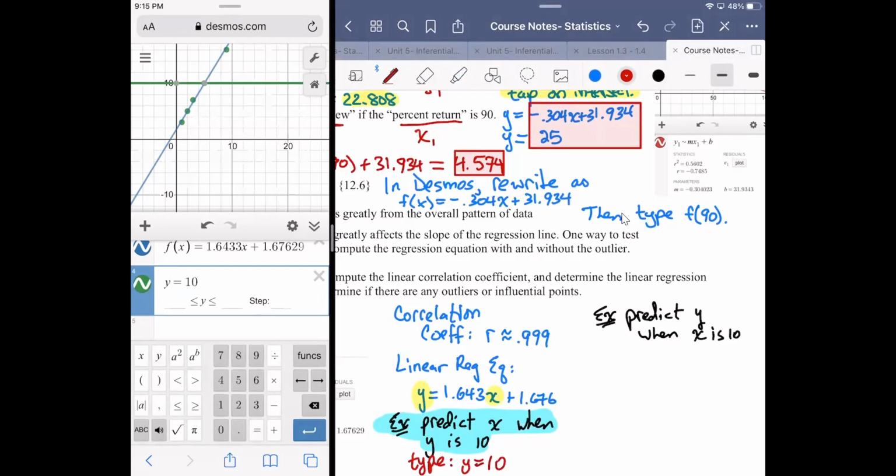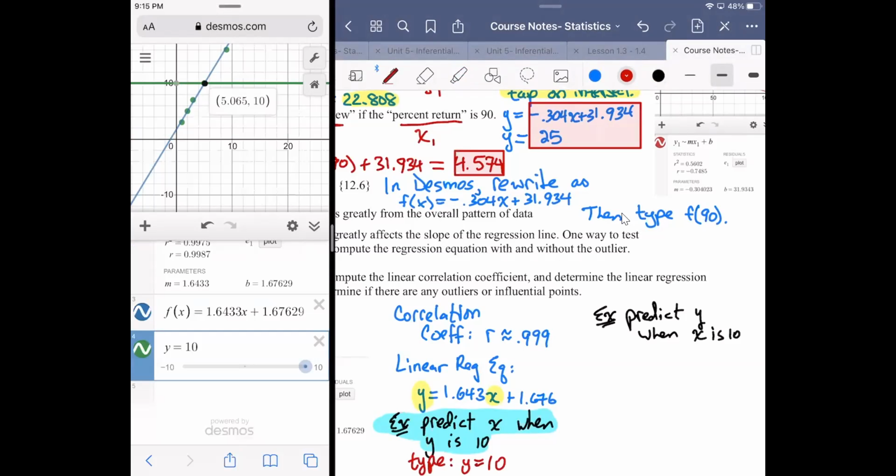And then all I have to do is tap on that intersection. Sometimes you have to tap on it more than once, but we get there. So type in y equals 10 and then tap on the intersection. You get an ordered pair.